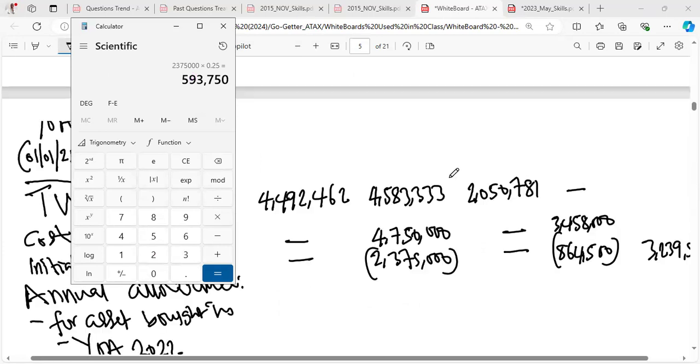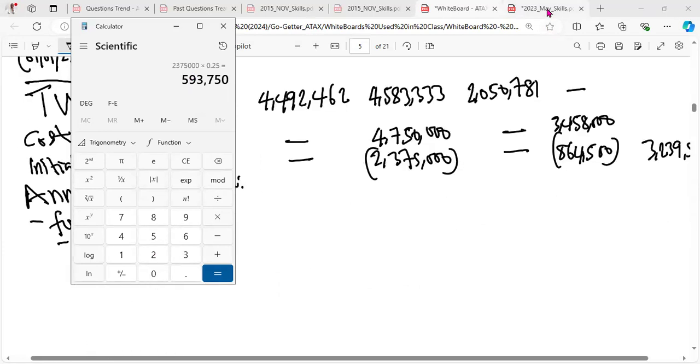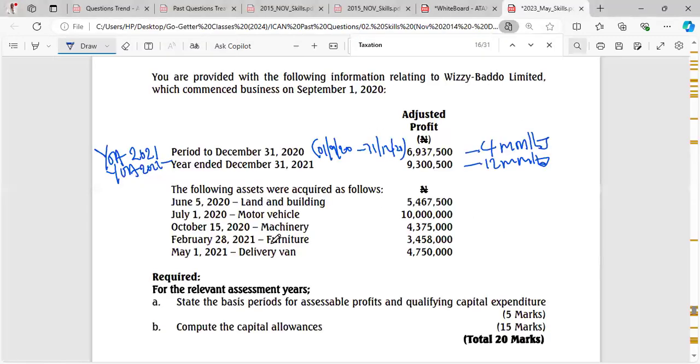But now, this motor vehicle, when was it bought? It was bought in May. So we're going to use it for 8 months, May to December, because January to April it was not in use.